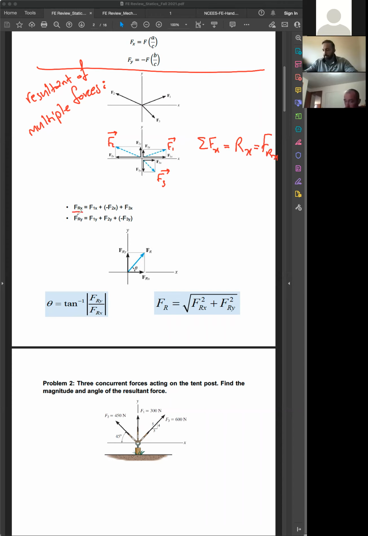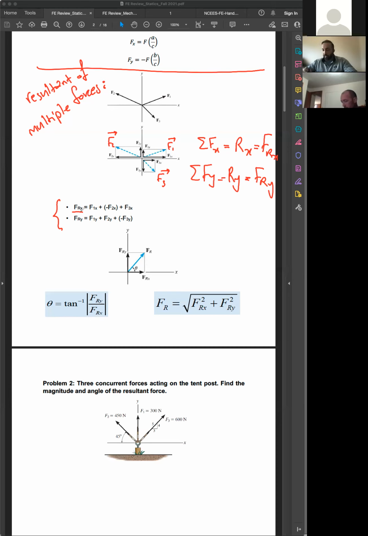Then the summation in the y direction would be the Ry, which we can also call Fry. Simply, you project all the vectors to x and y components based on the way I taught you, and then add all the x components together, which gives the x component of the resultant vector, and add all the y components, which gives the y component of the resultant vector. So think about it here: F1, F1x, F1y, F2, F2x, F2y, F3 vector, F3x, F3y.